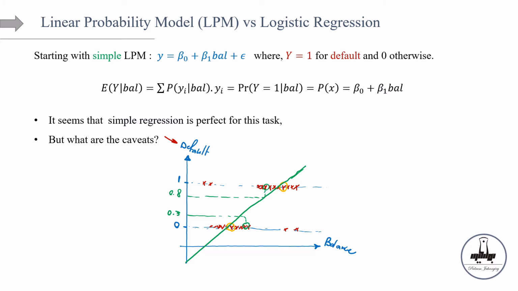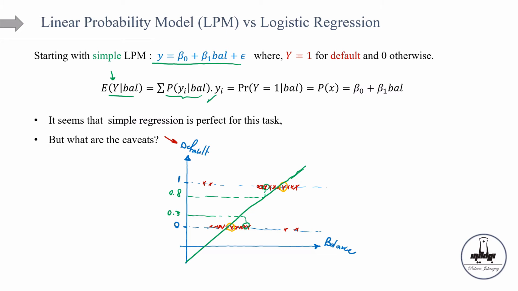If you want to see mathematically why, let's look at this. Let's stare at this regression line. We are regressing y, default or not default, on one variable, right? Just balance. Now, if I take the conditional expectations from both sides, what do I get? On the left, I have the expected value of y given balance, given x, which is equal to, because y is a binary variable, the conditional probability multiplied by the value of that binary.